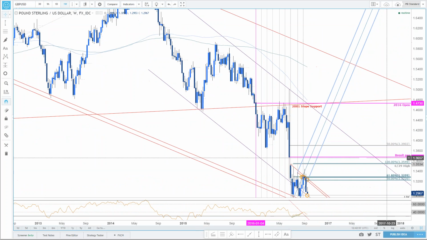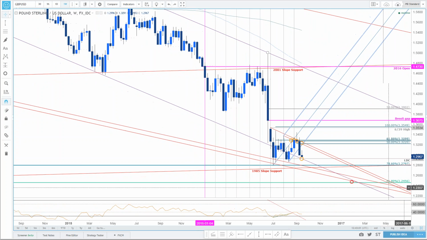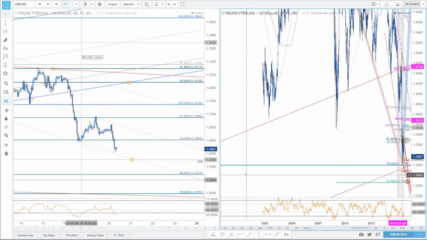So if we break 128.70, well, I think you're talking about this level here, 28.70. Yeah, I'd expect to see some further lows, but not necessarily fresh lows. You still have this region here to deal with. The low that we made earlier in the year was actually the exact 78.6 retracement, long dated retracement.